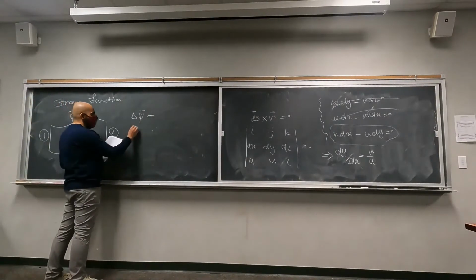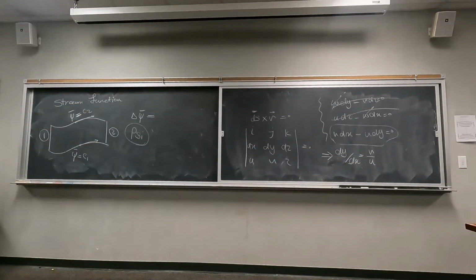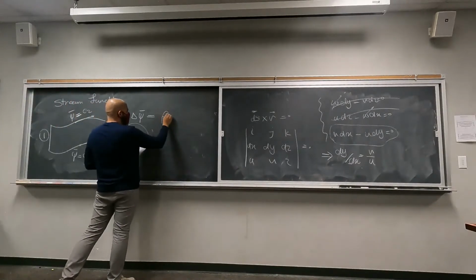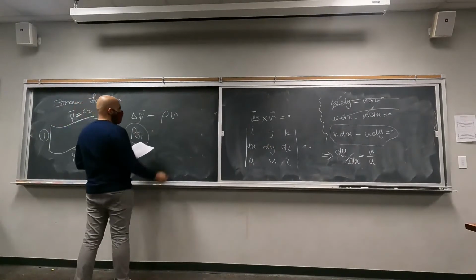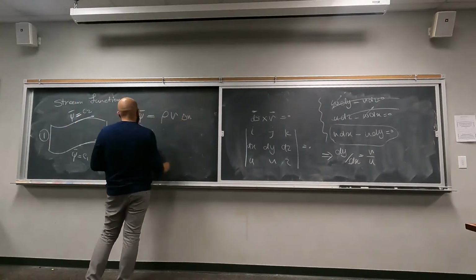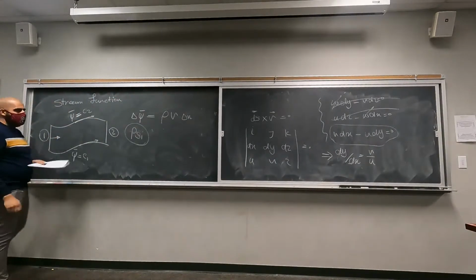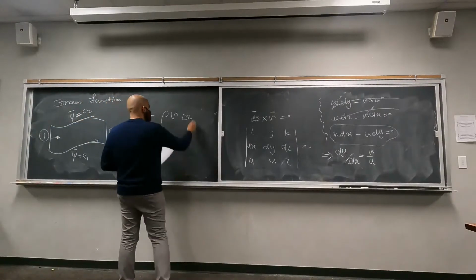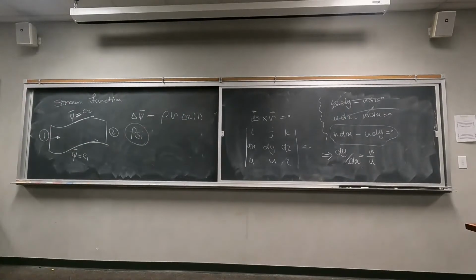This is the Greek letter psi, if you don't remember. So the amount of mass passing between these streamlines is essentially the difference between these two masses, which is going to be rho v multiplied by the normal vector to the cross-sectional area of that inlet and outlet multiplied by your unit depth, which is 1, right?